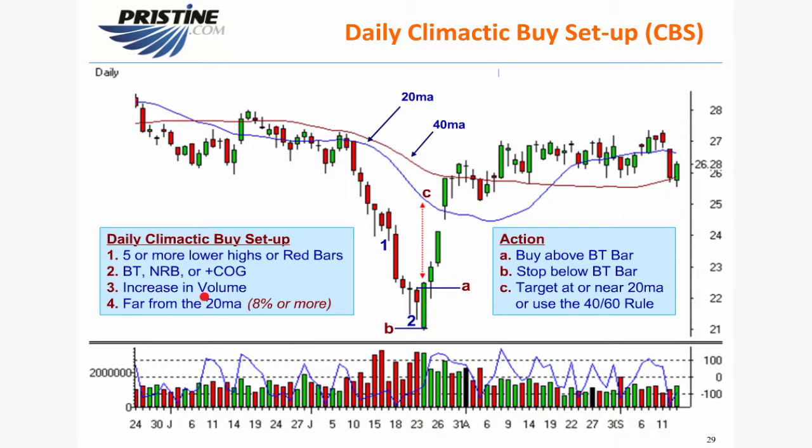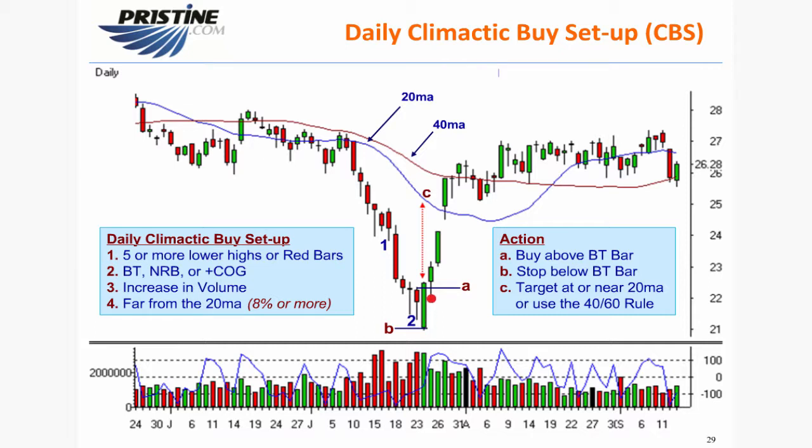Here's a daily climactic buy setup where you've got multiple days down. You see the wide range bars coming in, the volume's picking up. Here you get your potent reversal closing really, really strong. Very bullish candle. You enter there. In this case, if you enter on the big green bar, your stop, at least on the daily chart, has to be down here.